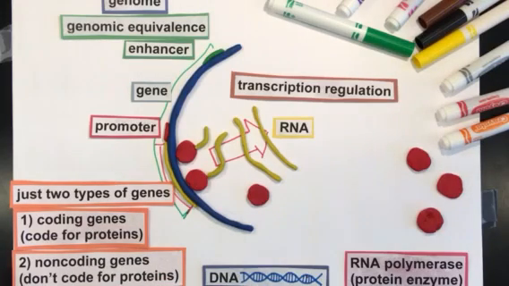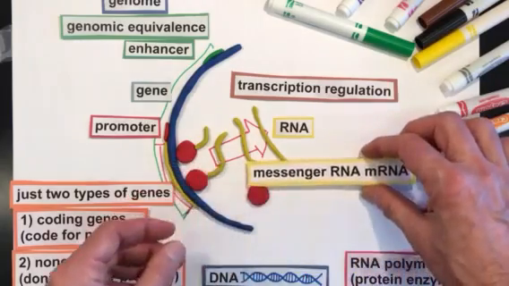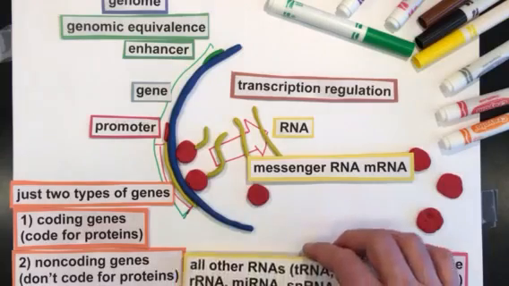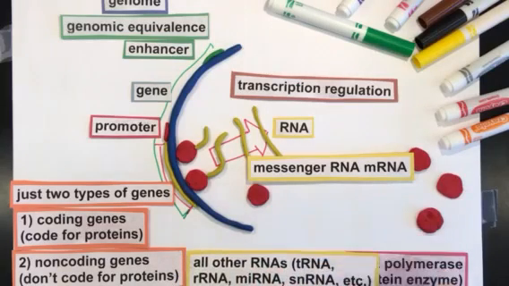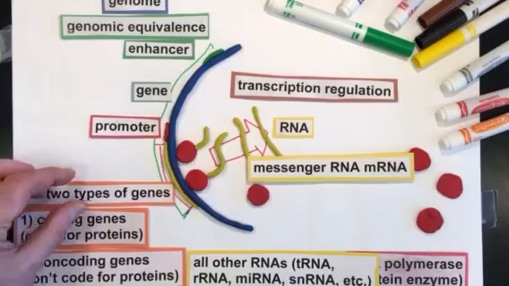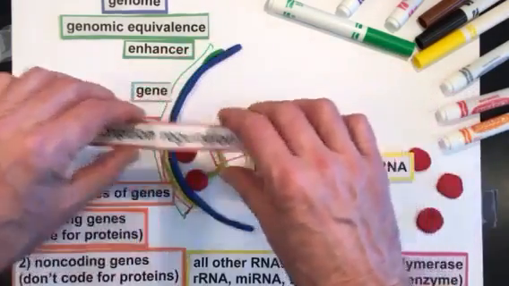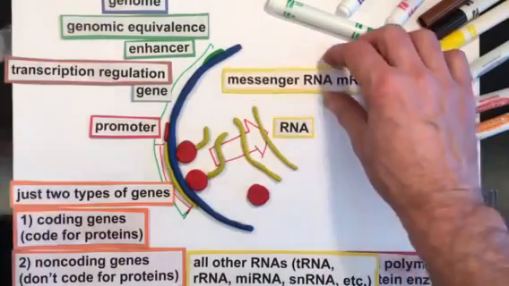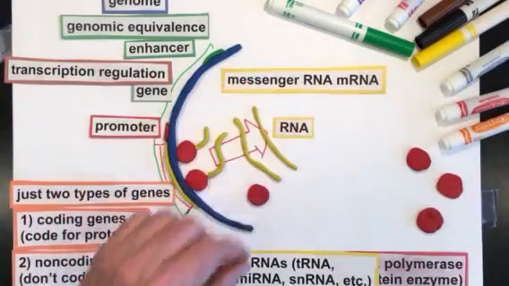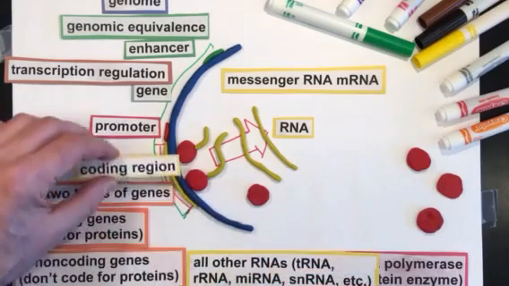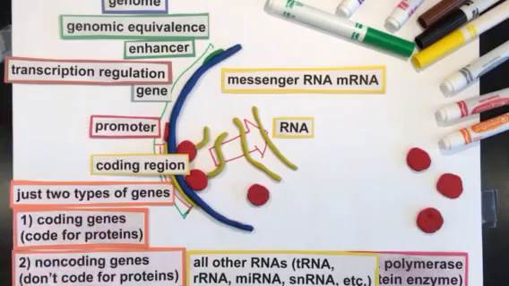The RNA output from coding genes is referred to as messenger RNA. The RNA output from all the other types of non-coding genes has a variety of different names. We're going to focus on this messenger RNA, and mRNA is its abbreviation. This is going to code for a protein, and so part of the transcription unit is referred to as the coding region. The coding region has the information needed to synthesize the protein.